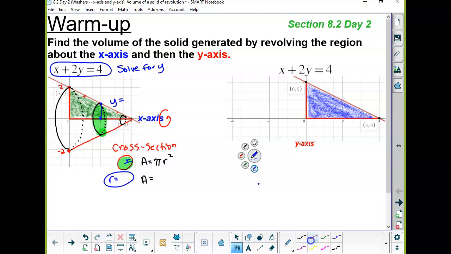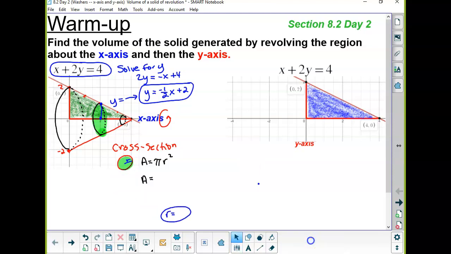I'm going to bring the x over. Doesn't matter how it's written. And then I'm going to divide by 2. And there's my equation that will give me the length of the radius. So what is the radius? Let me rewrite this a little bit here.